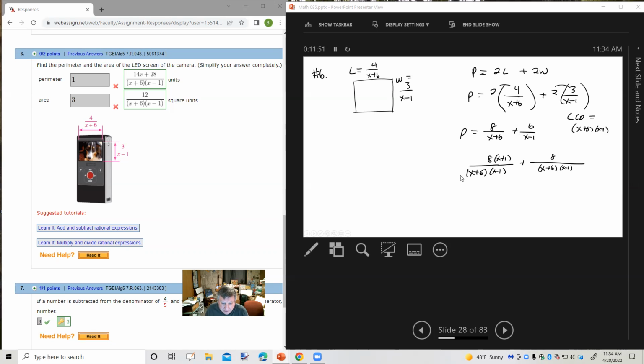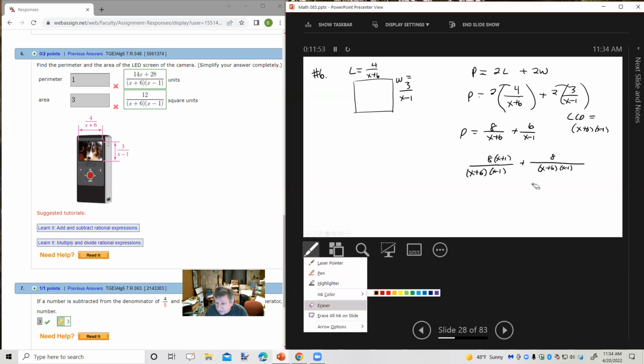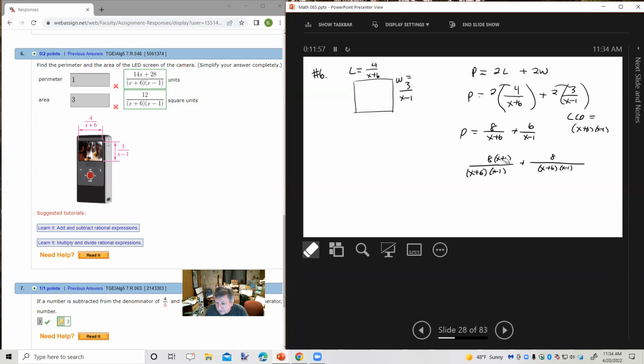Okay, let's find the eraser. So x minus 1 there. And so basically we'd need what? x plus 6 there.